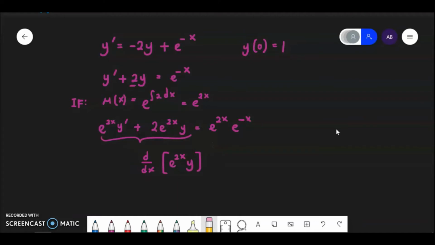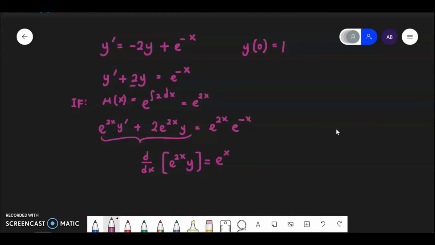Meaning when I use the product rule to differentiate this, you will get this term. Okay, let's check. So y prime e^2x, and then differentiating e^2x gives 2e^2x y. Okay, which is correct. Now this term here, what do I get when I simplify?